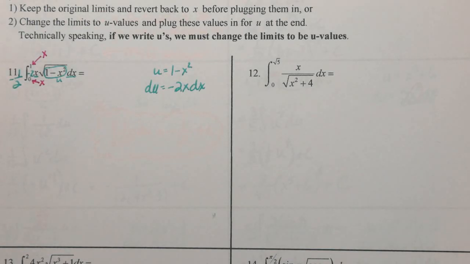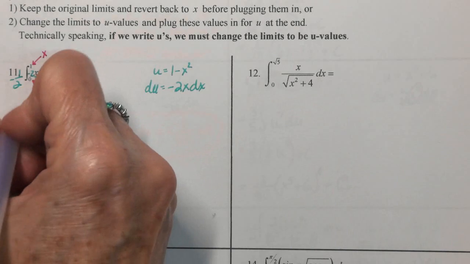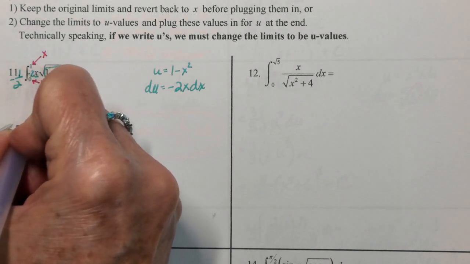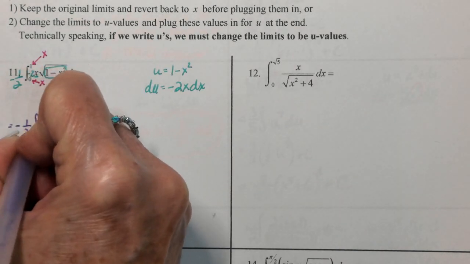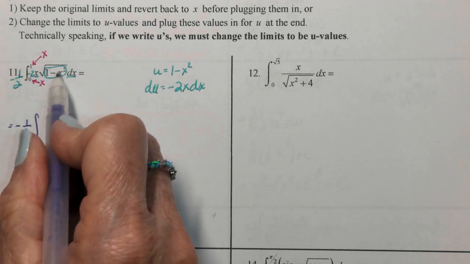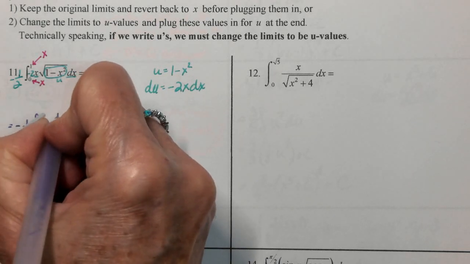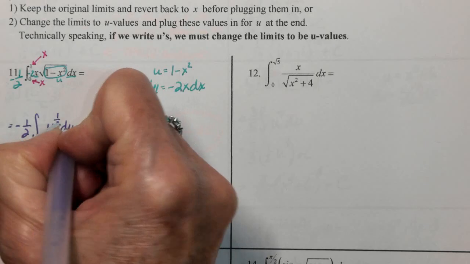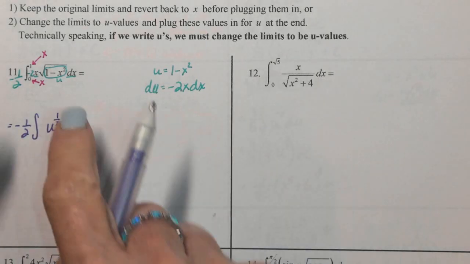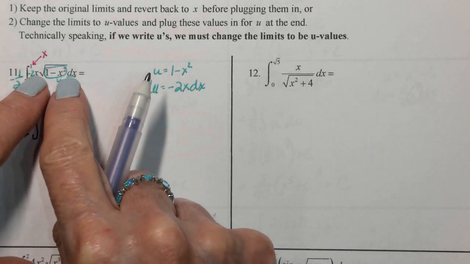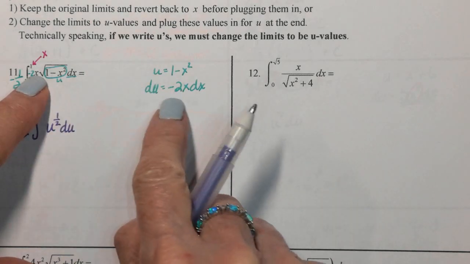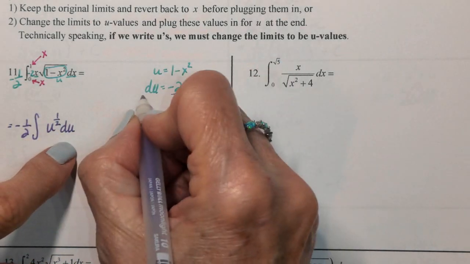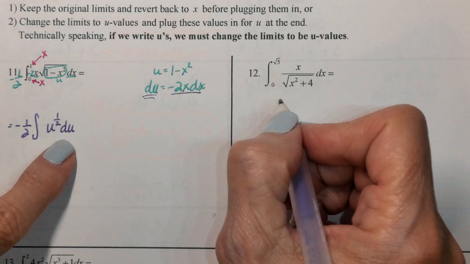So my integral, just the integral part, has become negative 1/2 integral square root of u, which I'm going to write as u to the 1/2 du. This negative 2x dx, I could put those all together to make it my du. Those are equal, right? Okay.